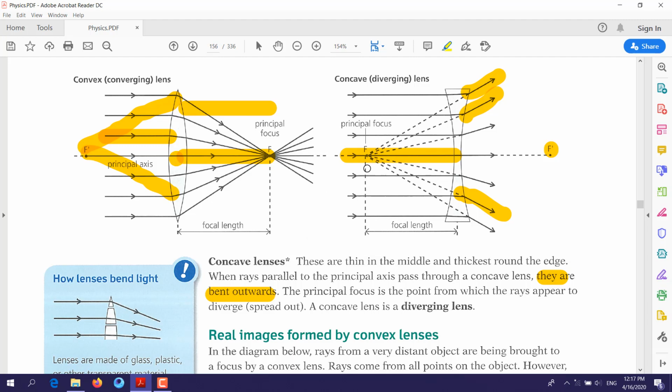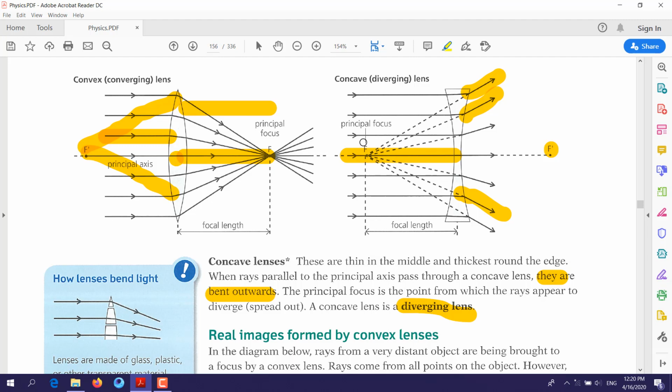Here it's the principal focus. As you can see here, it starts showing that the rays are spreading out. This kind of lens, we call a diverging lens.